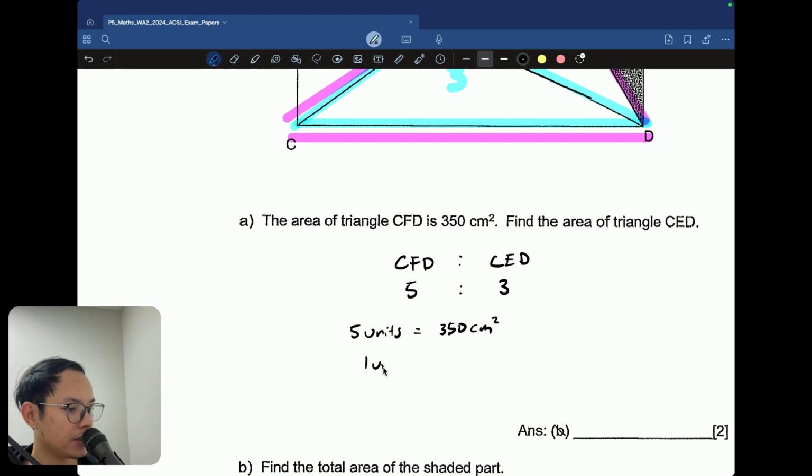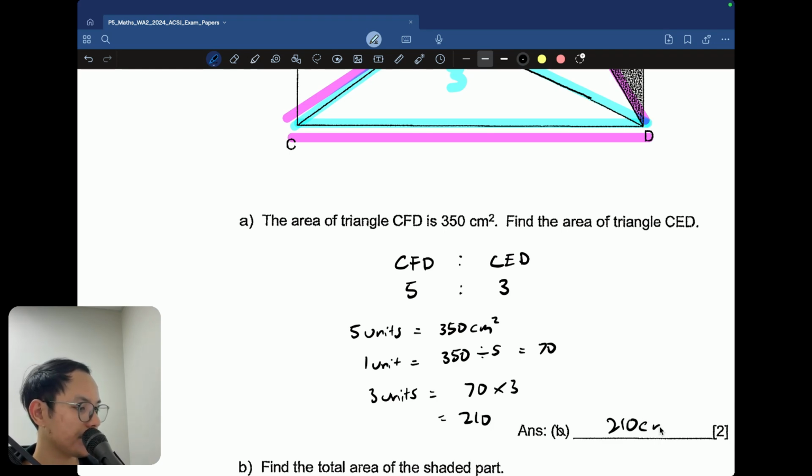So 1 unit is equal to 350 divided by 5, which is 70. Then we want to get CED, so that's why we have 3 units, right? So this is equal to 70 times 3, which is 210 centimeters square.